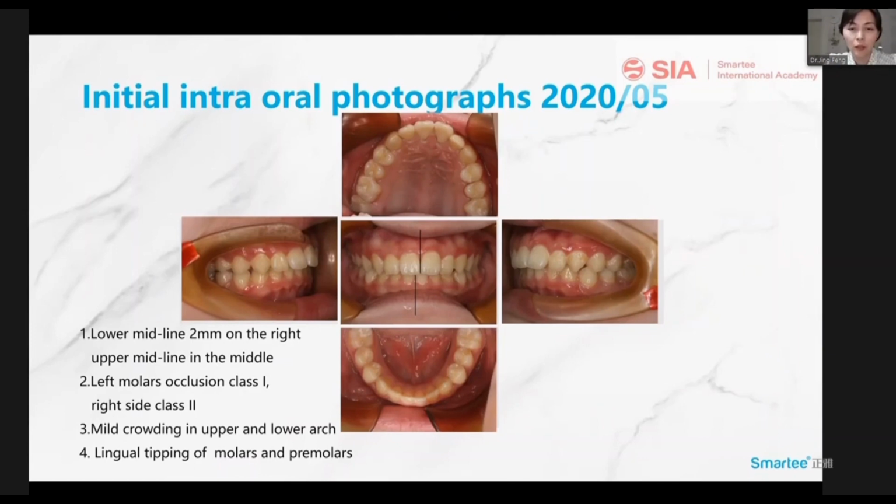And the lower arch at the left side, the teeth are compensationally tilted in and not very symmetrical. Mild crowding in both upper and lower arch, lingually tipping molars and premolars.